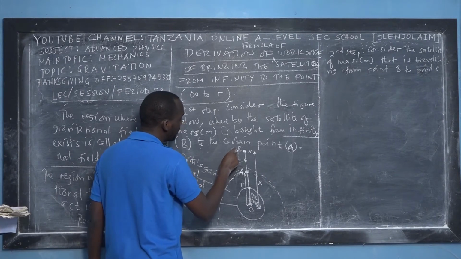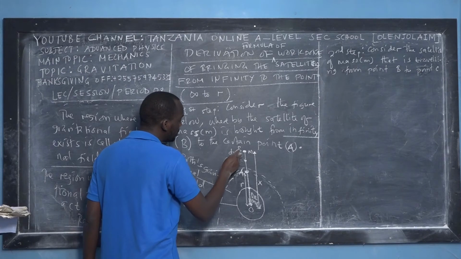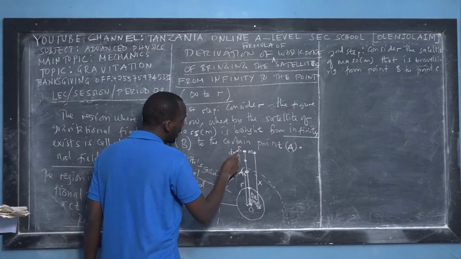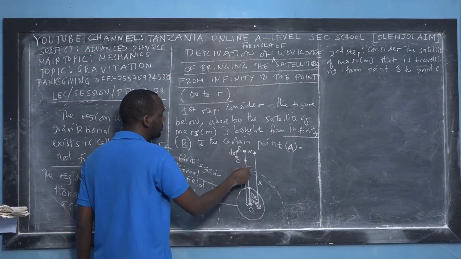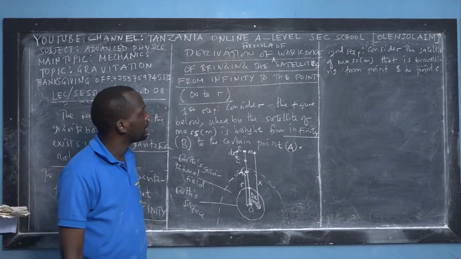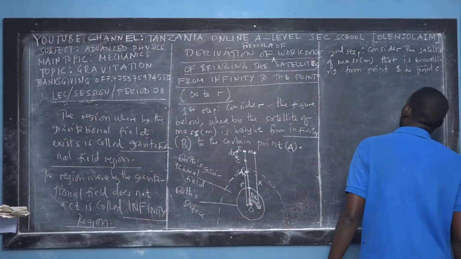We derive the formula for the small portion, then apply integration to find the total work done required to move a satellite from point B to point A.